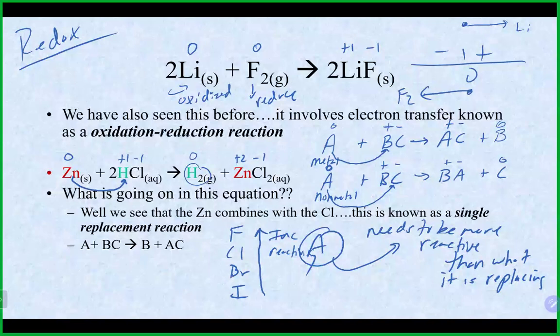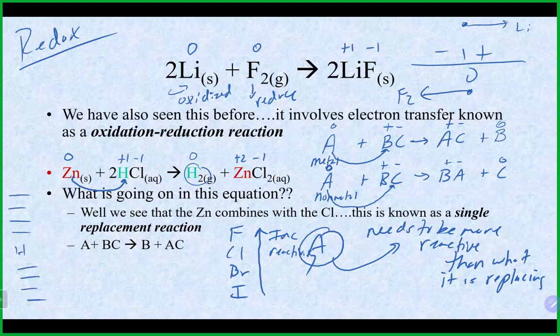An activity series is a list of elements, and things higher on the list are more reactive than things lower on the list, and they'll replace each other. Things lower on the list are less reactive than anybody higher on the list, and they won't replace each other. For metals, a lot of times you'll have a bunch of elements listed, hydrogen somewhere in the middle-ish, and some more elements.